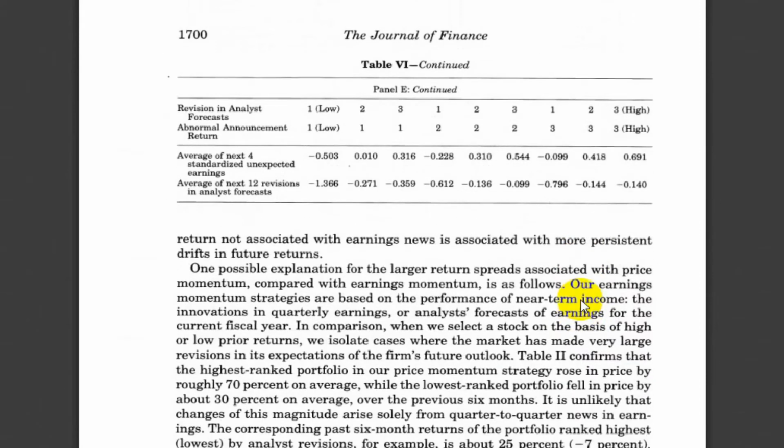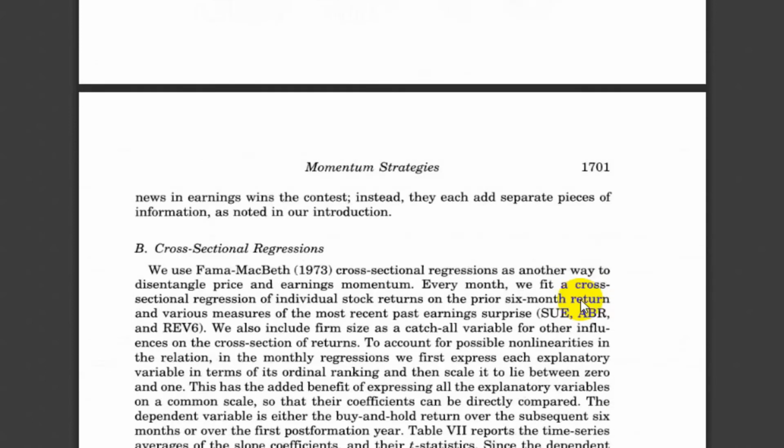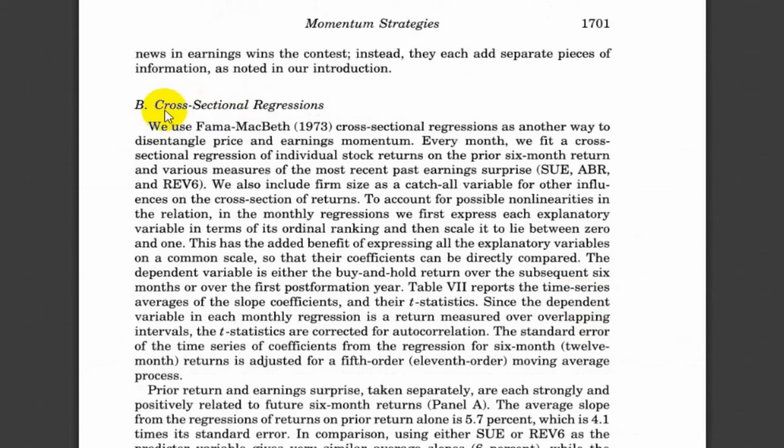Okay, so let's go down to section 3B, where we'll talk about the cross-sectional regression. We're going to use the Fama-MacBeth regression. So every month they're going to fit a cross-sectional regression of individual stock returns on the prior 6-month return with various measures of the earnings surprise.